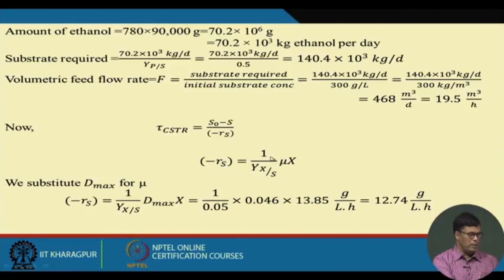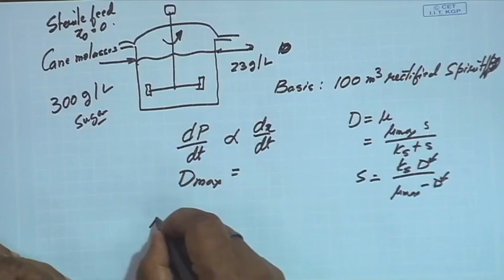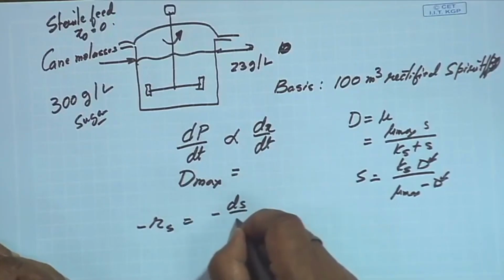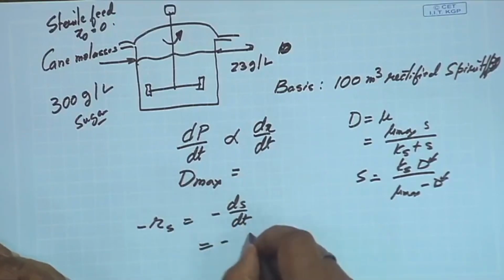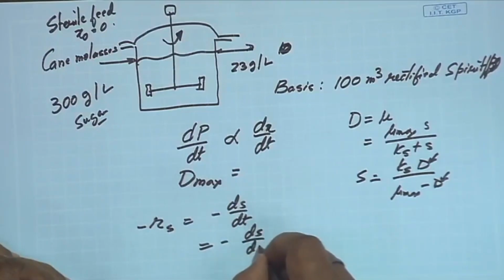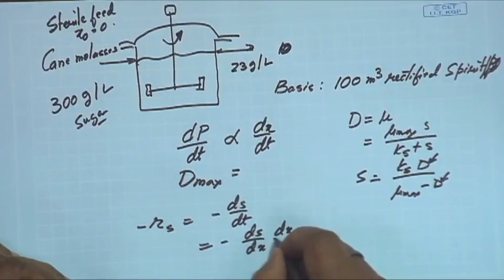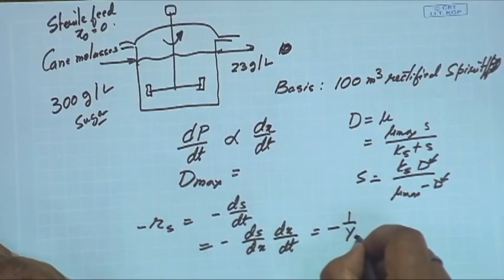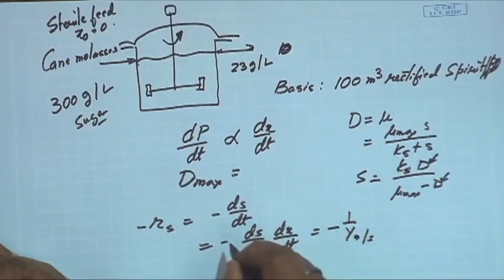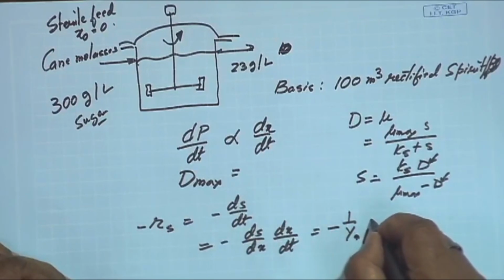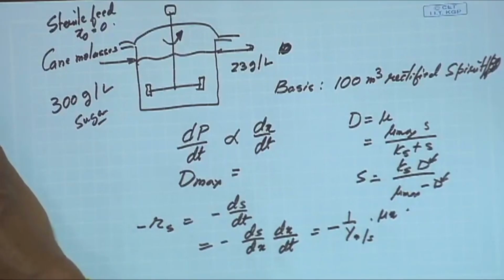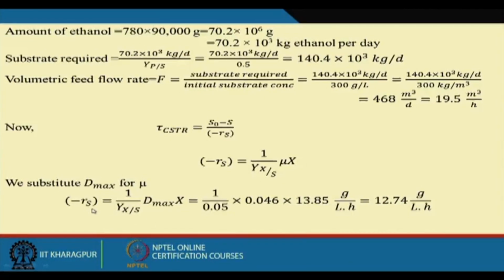Then -RS I can write as follows, because -RS is equal to -dS/dt. The -dS/dt I can write as dS/dX and dX/dt. This is equal to 1/YX/S into mu into X. This is exactly what is written here.